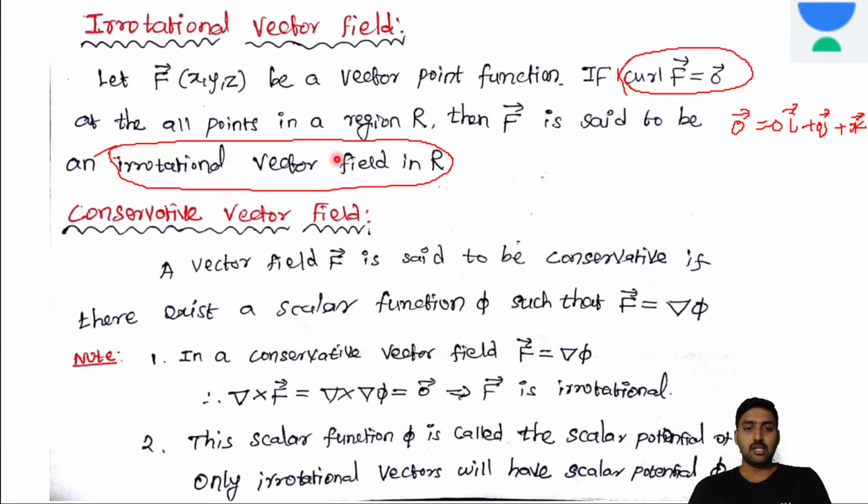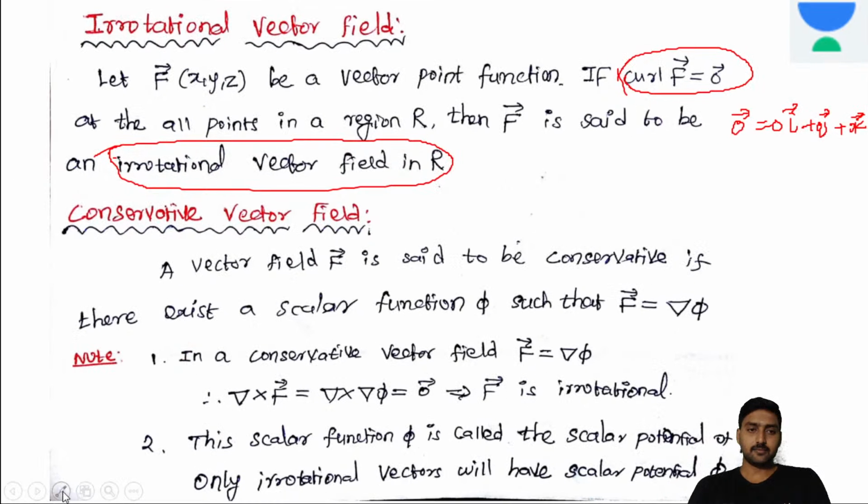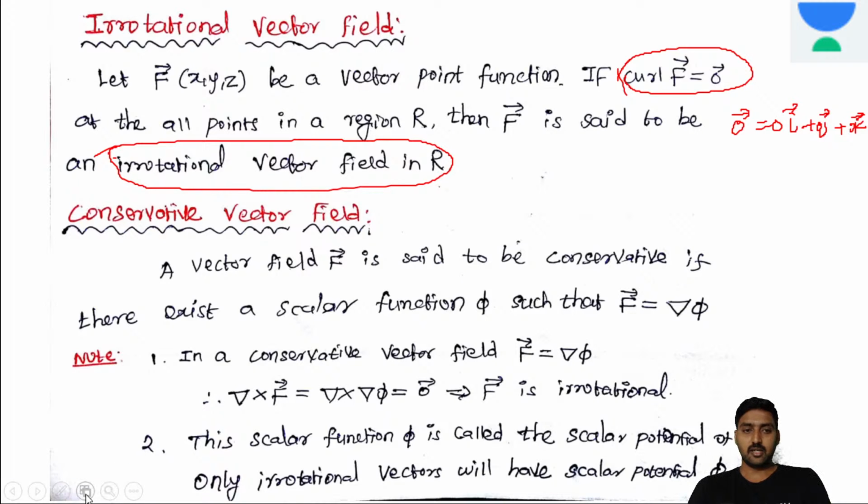And coming to the conservative vector field: what is meant by a conservative vector field? A vector field F vector is said to be conservative if there exists a scalar function phi such that F vector is equal to del phi. That means by applying the gradient, the del operator, to the scalar point function, if we get the F vector, then that vector is called a conservative vector, right?